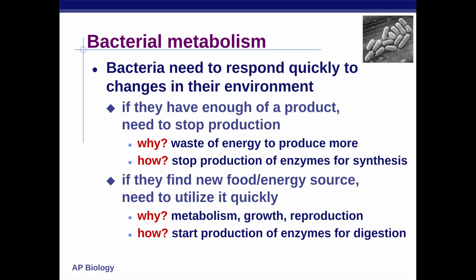And in the same way, if they have to metabolize something, and if that nutrient is not available, they don't have to keep their metabolic machinery running. So all of these considerations go into how bacteria and prokaryotes generally regulate their metabolic pathways or gene expression pathways.